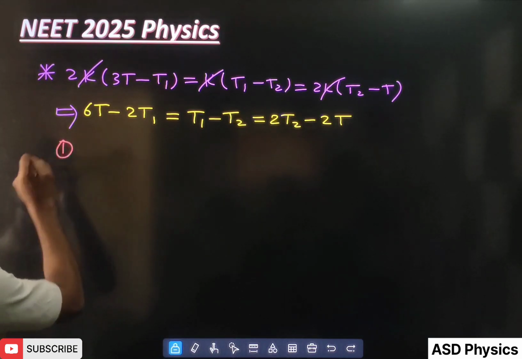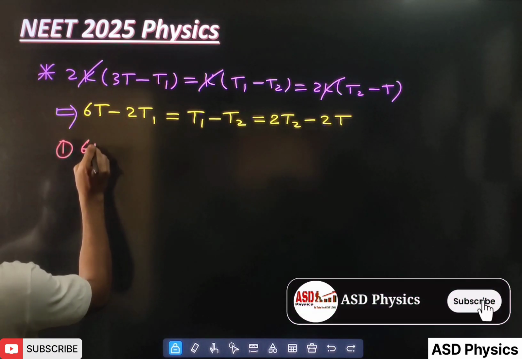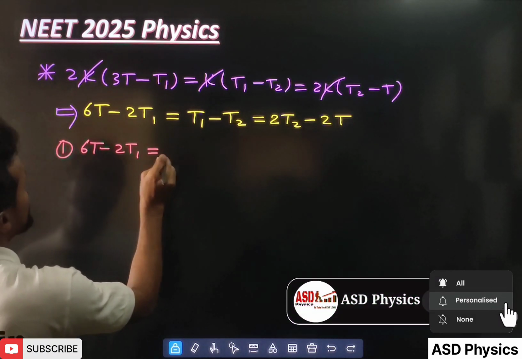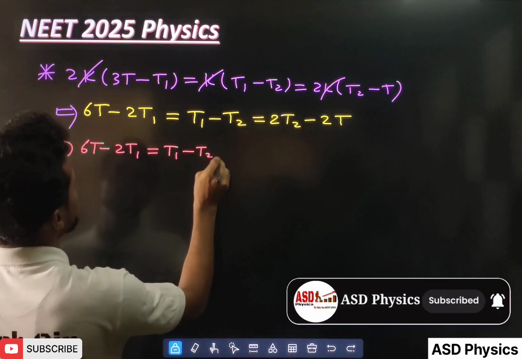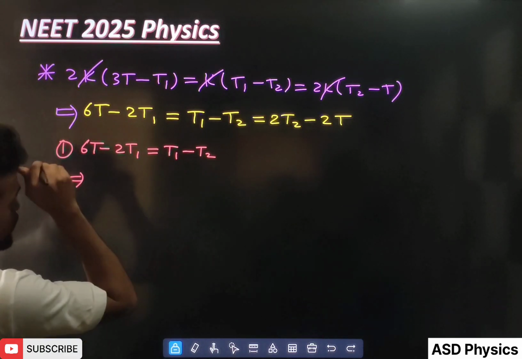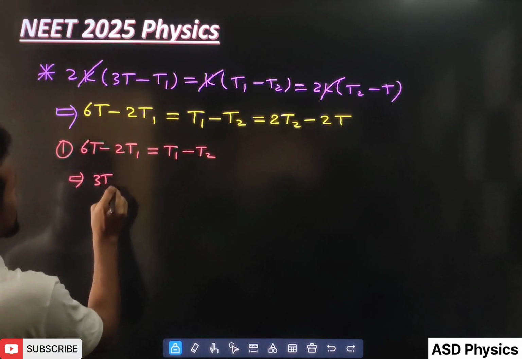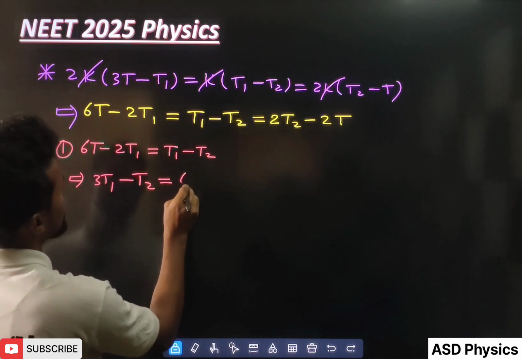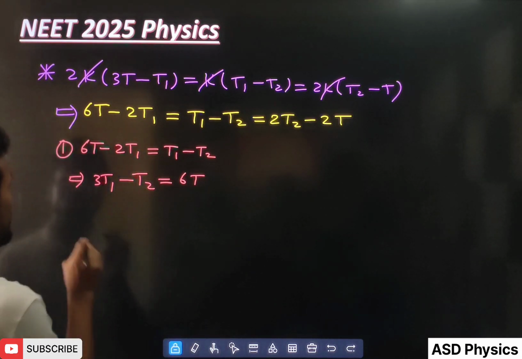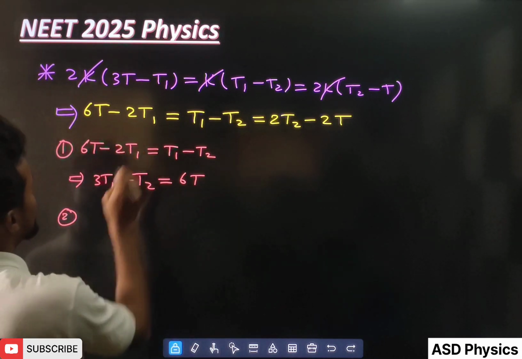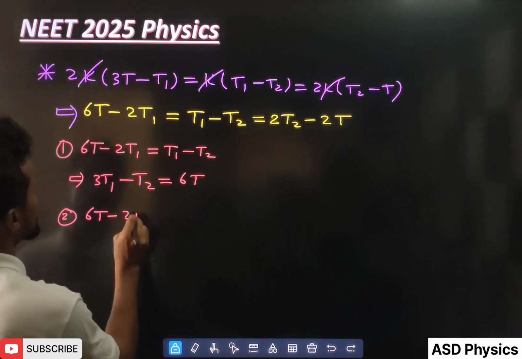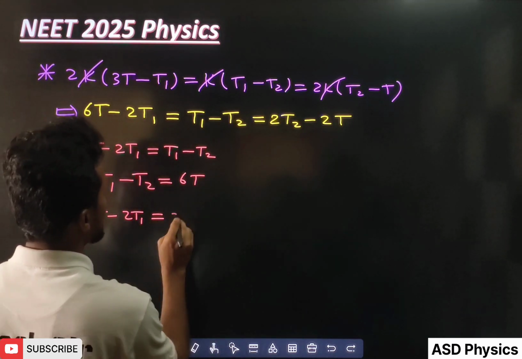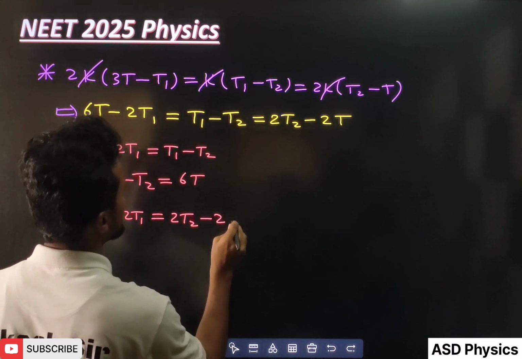First, I am going to take 6T minus 2T1 equal to T1 minus T2. If you simplify this, it will come to 3T1 minus T2 is equal to 6T, because I sent this to the other side. Now second, I am going to equate 6T minus 2T1 with 2T2 minus 2T.